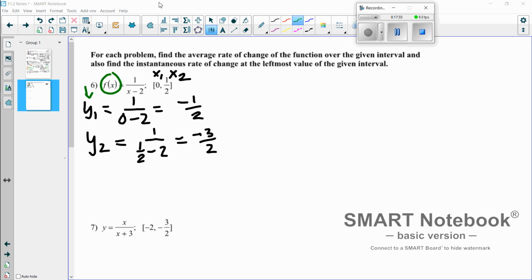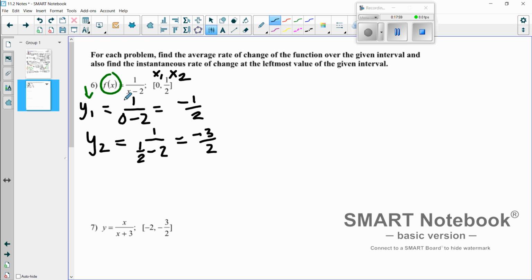Okay, so I guess we could write it as f of, well, since we're plugging in 0, we could write it as f of 0 here as well. But since we're actually just using the slope formula and getting y, we can just use y, okay? So just leave it as y, y1 here.